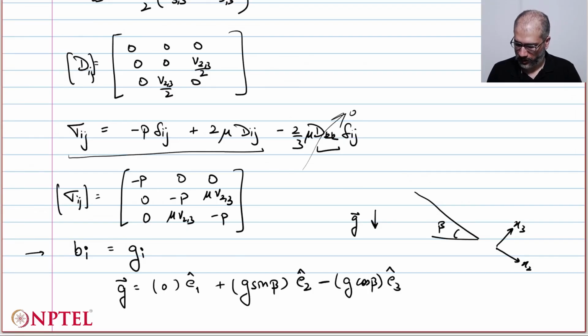Actually, this has to be negative because gravity is acting along the negative e3 direction. So this is our body force vector.